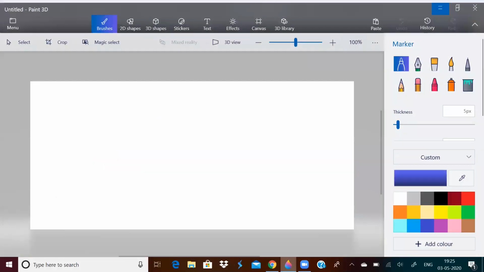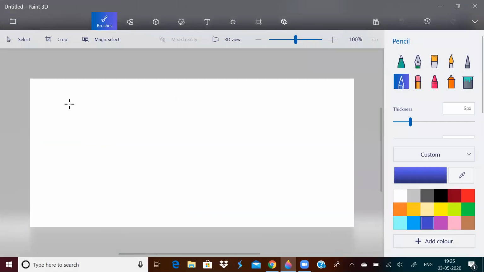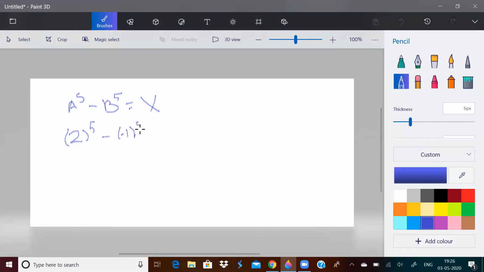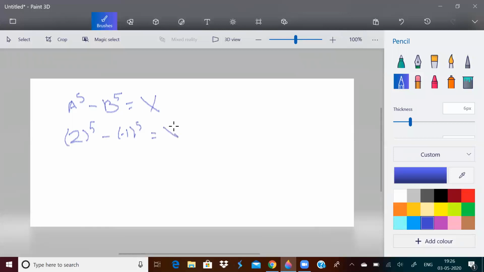How? What are we told? We are told A power 5 minus B power 5 is equal to X. So if A is 2, suppose, then 2 power 5 minus B power 5 with B as minus 1 gives 33, which is equal to X. A and B can be anything, positive or negative.